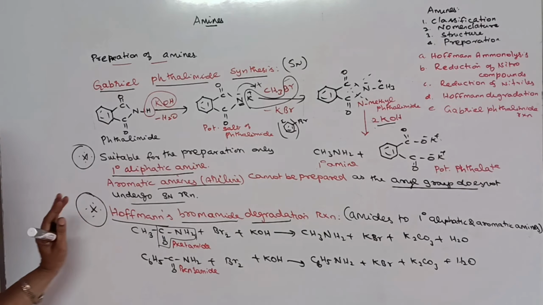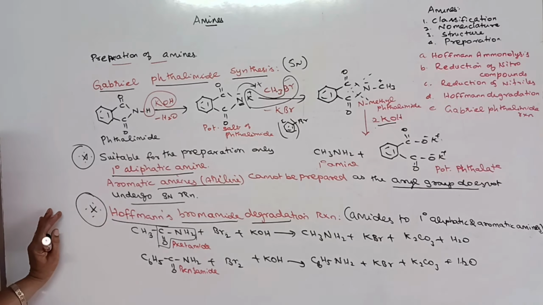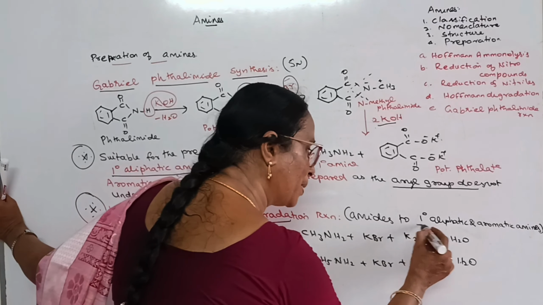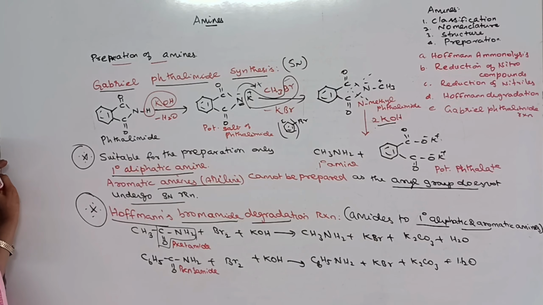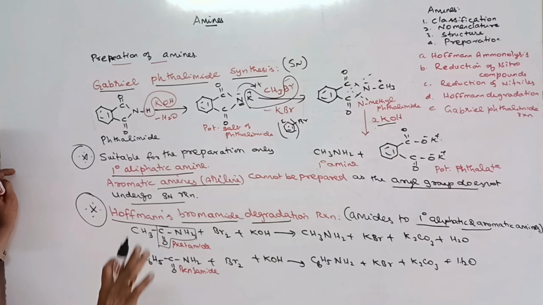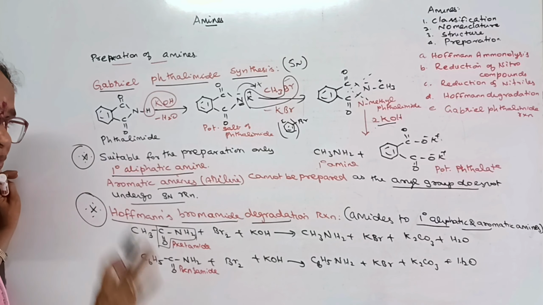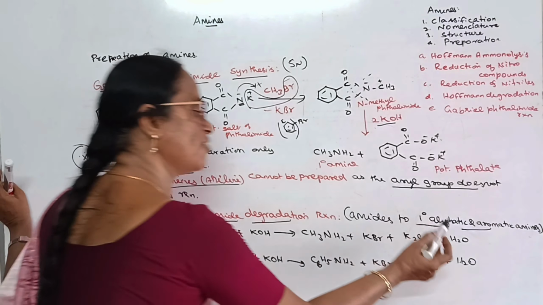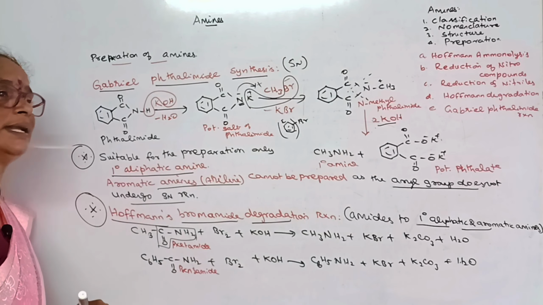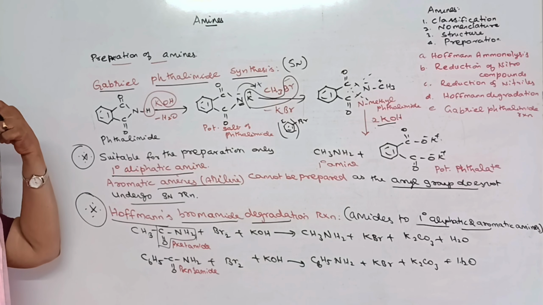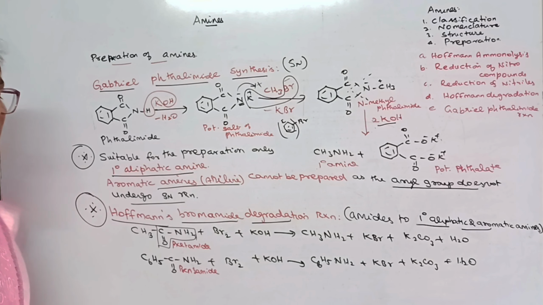Now let us see only the reaction, how amides are converted into amines. By this method you can prepare only primary amines, but both aliphatic and aromatic amines can be prepared. So the Hofmann degradation reaction is useful for both primary aliphatic amines as well as primary aromatic amines, but you cannot prepare secondary or tertiary amines.